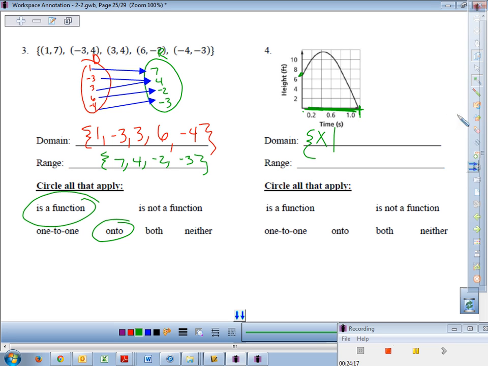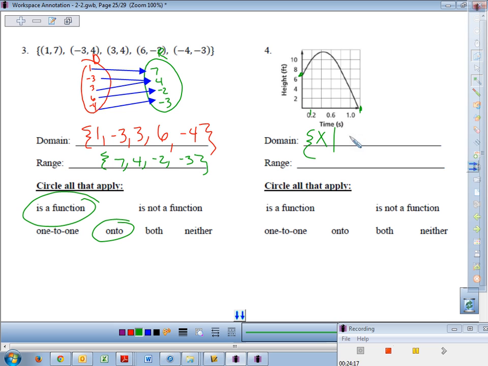Where would you approximately feel that that is? I've got to see what the scale is. Aren't these going by 0.2s? So that is very close to 1.2. What would you call that right there? 1.09 maybe? 1.19, sorry, 1.19, right? So we're going to write that as a double inequality.